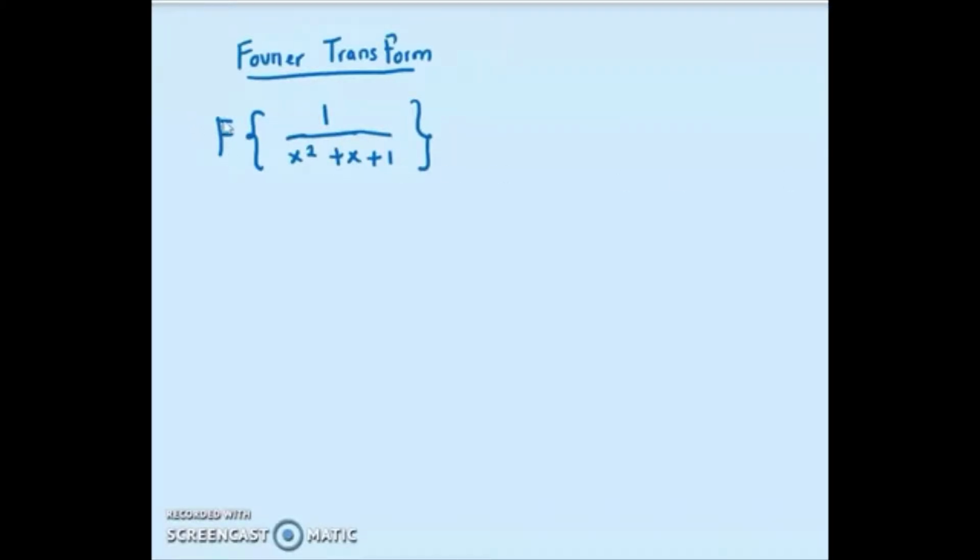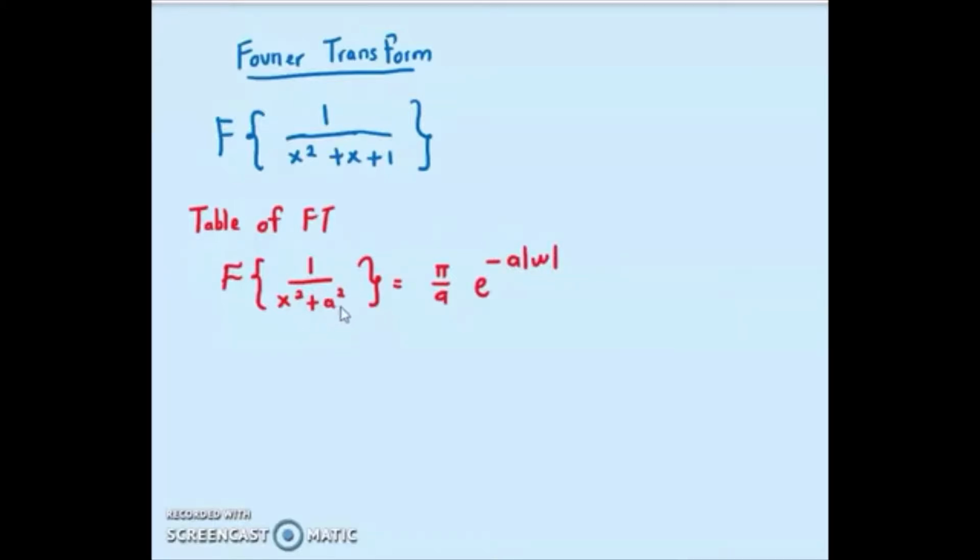Now we know by the Fourier transform definition, or from the Fourier transform table, the Fourier transform of 1 over x squared plus a squared is given by pi over a e to the negative a omega. Okay, so this is the closest from the table that we can use. Although this does not quite look like that, we need to change it.